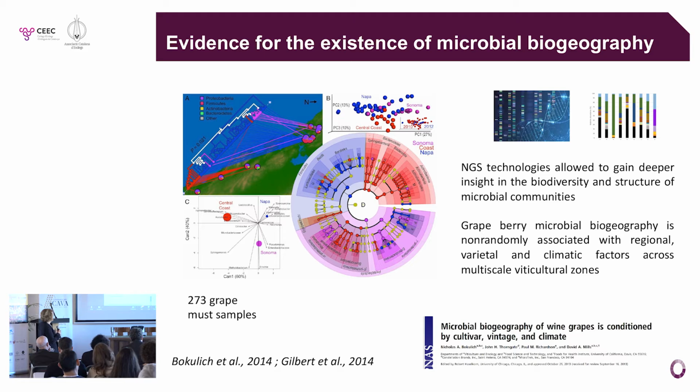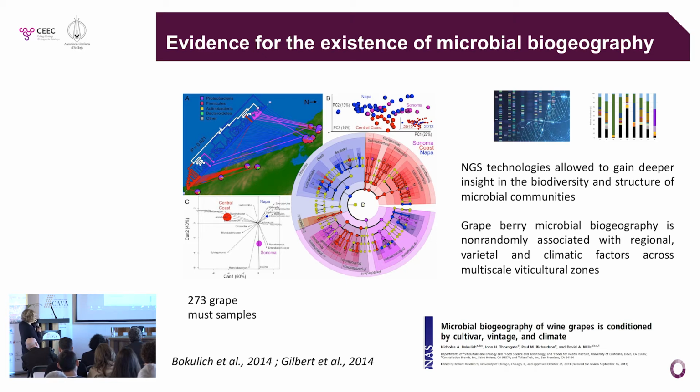And the first evidence of what we call microbial biogeography was provided by a research team from the University of Davis, Nicolas Bokulich, in 2014. This research team managed to collect around 270 grape must samples in the vineyards of California.